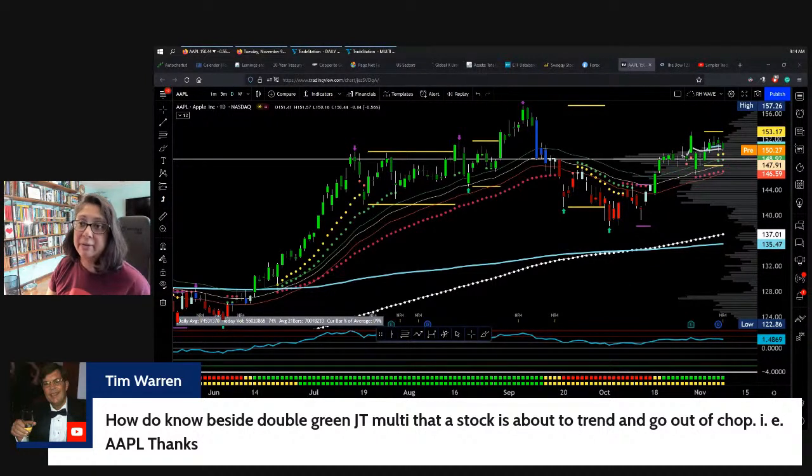And there's an alternative in that regard to, rather than waiting for the JT multi, using another set of tools so we still have an objective way to trade this market, to find the trend. And oftentimes the combination of grab and propulsion will confirm a trend more aggressively and therefore before the JT multi.